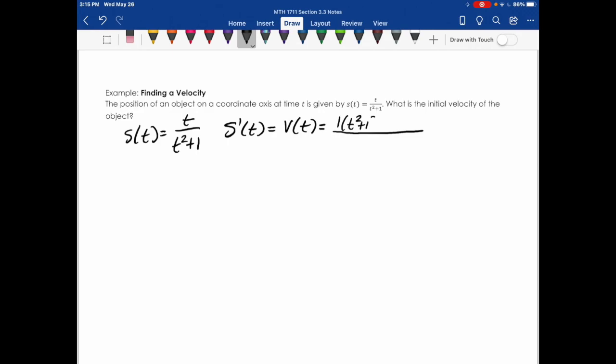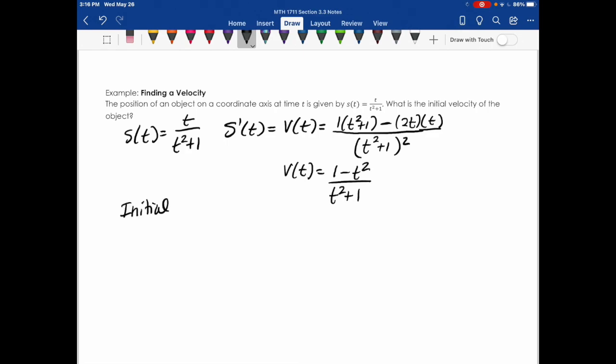So I take the derivative of the numerator function, which is 1, times the denominator function, and I subtract the derivative of the denominator function, which is 2t, times the numerator function, and that's all over t squared plus 1 squared. Now, when we clean this up a little bit, I would distribute the negative, combine like terms, all that stuff. We would get 1 minus t squared all over t squared plus 1 squared.